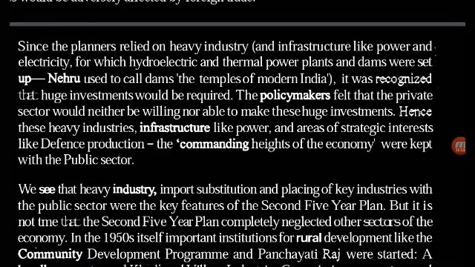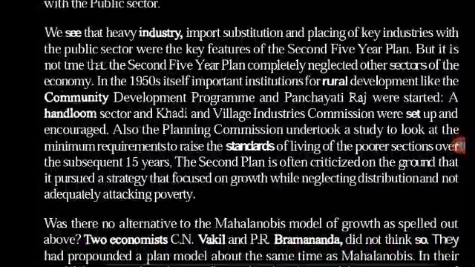We see that heavy industry, import substitution, and placing of key industries with the public sector were the key features of the second 5-year plan. But it is not true that the second 5-year plan completely neglected other sectors of the economy. In the 1950s itself, important institutions for rural development like the Community Development Program and Panchayati Raj were started.